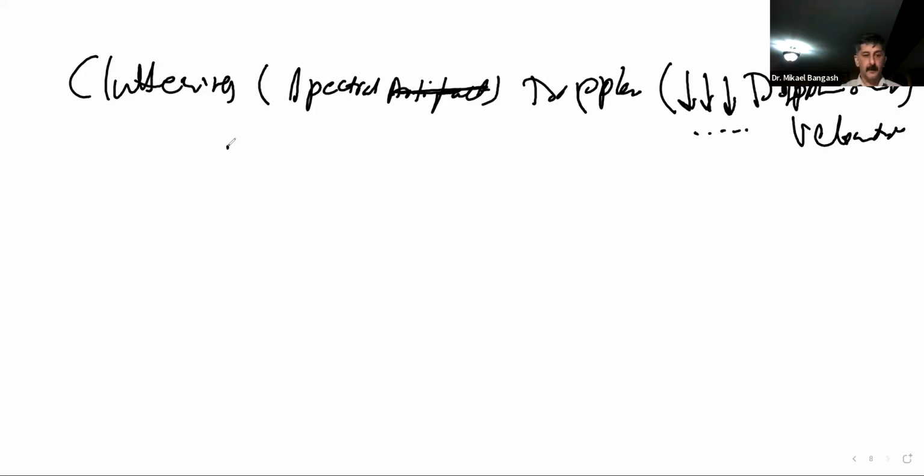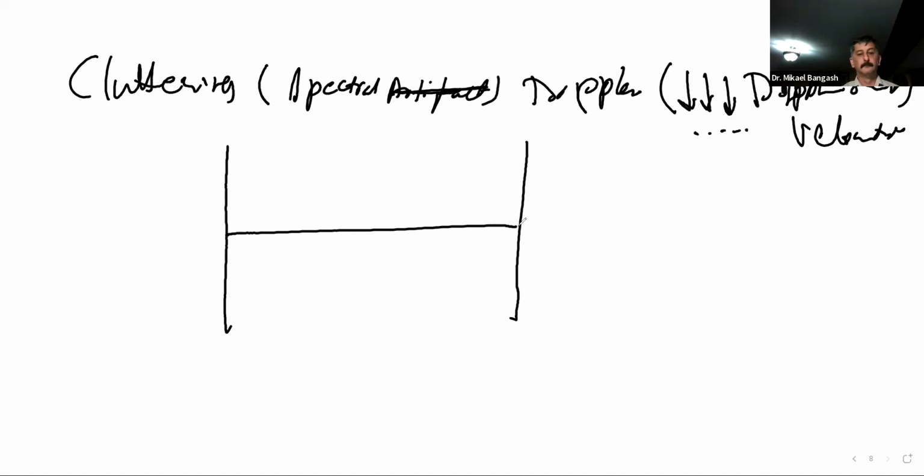And this is a spectral Doppler. The blood vessel in which we are measuring our Doppler shift, we have a positive Doppler shift. So this is going to be our positive Doppler shift.